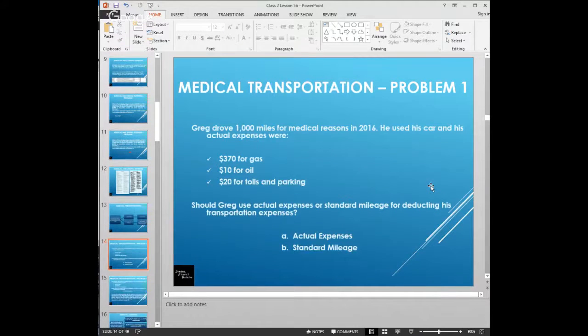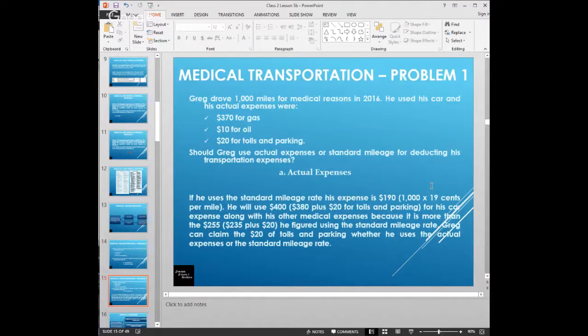So here you have Greg, who drove 1,000 miles for medical reasons in 2016. He used his car, and his actual expenses were $370 for gas, $10 for oil, and $20 for tolls and parking. Should Greg use his actual expenses or the standard mileage? In this case, $370 plus $10 is $380 for his actual expenses.